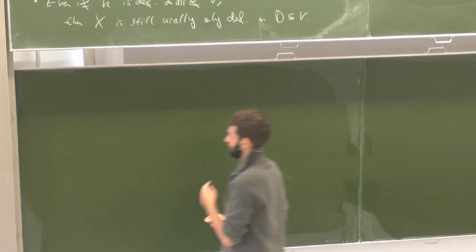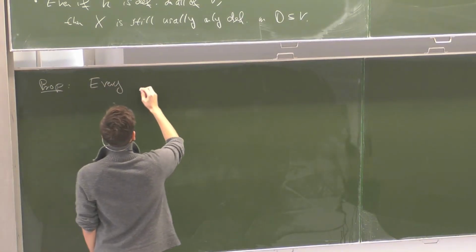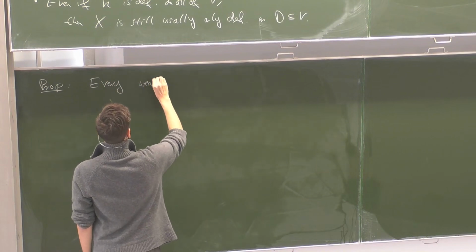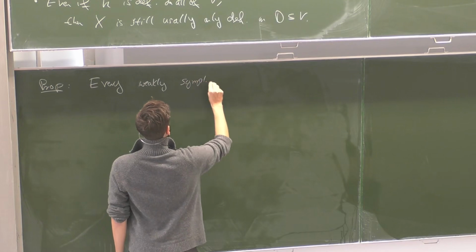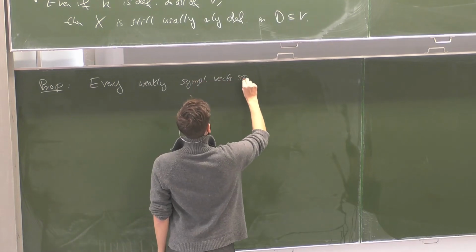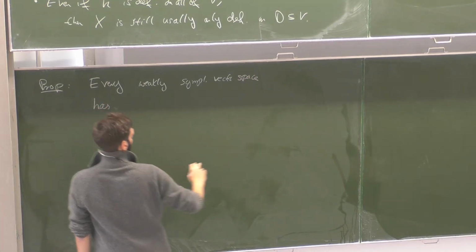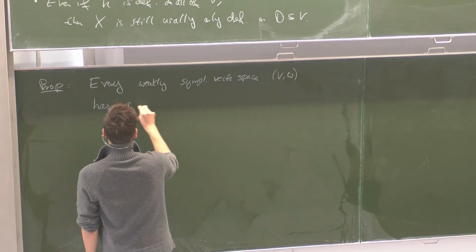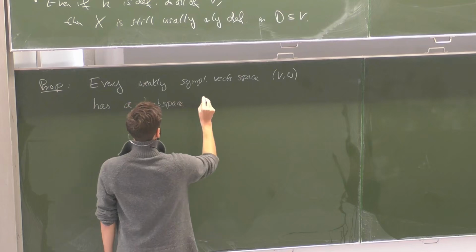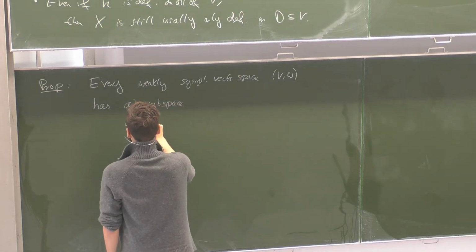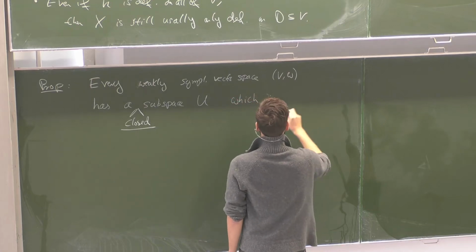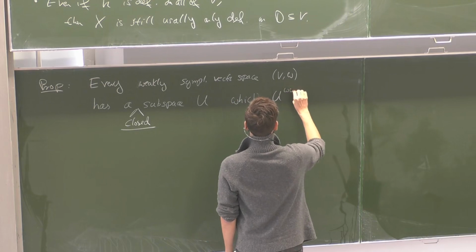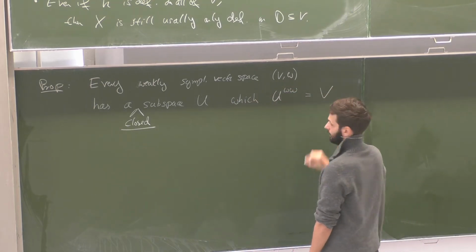The following proposition. Let (V, ω) be a weakly, properly weak, weakly symplectic vector space, and let U be a subspace which is closed, and which satisfies that if you take two times the symplectic orthogonal, you get the whole subspace back.